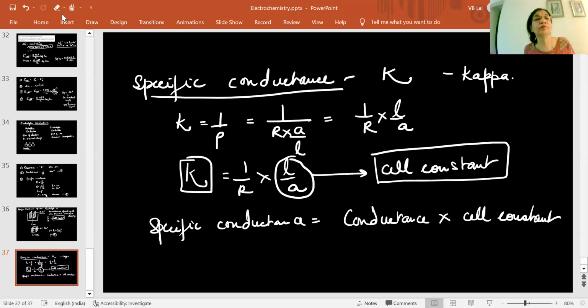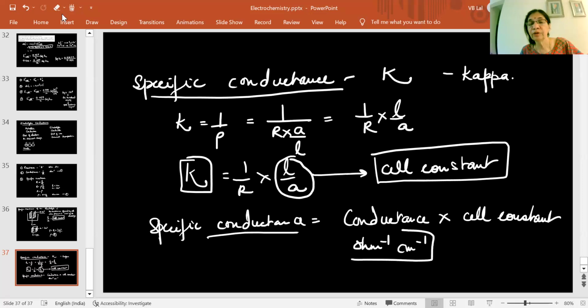What will be the unit? Ohm minus 1, and cell constant is L by A, so centimeter minus 1.